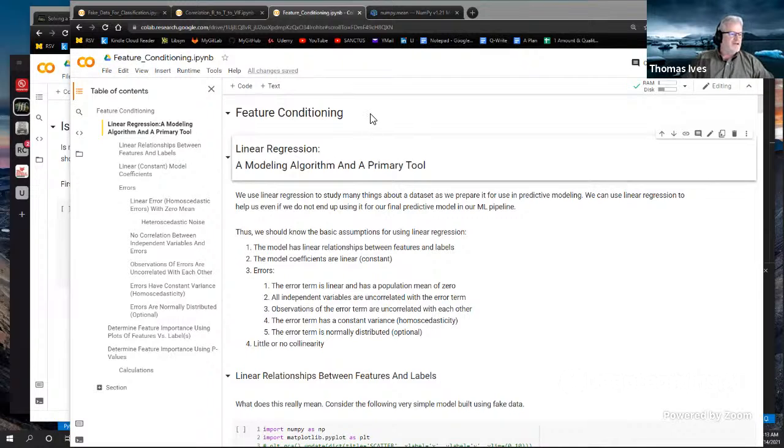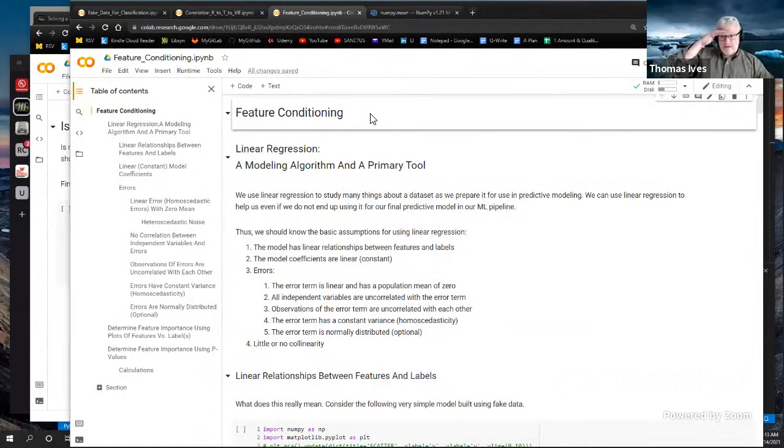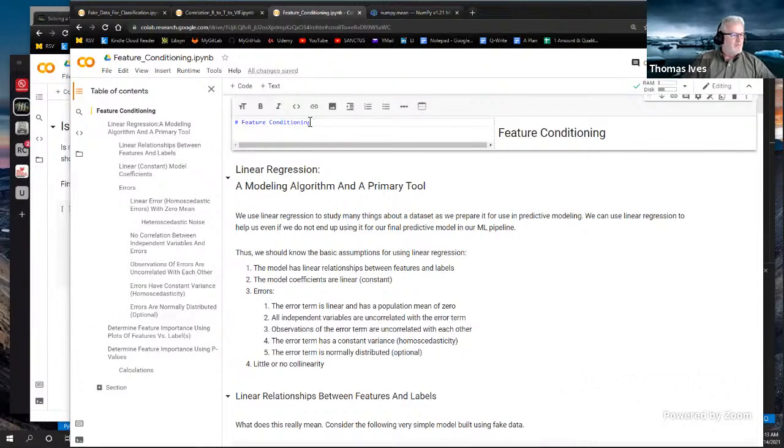All right, feature conditioning, because I think we beat the heck out of it. Well, this is feature reduction, excuse me, but we beat the heck out of the feature conditioning, and I hope in a good way in y'all's minds.